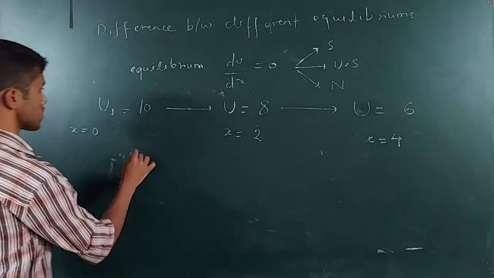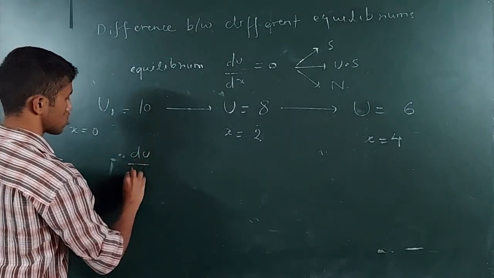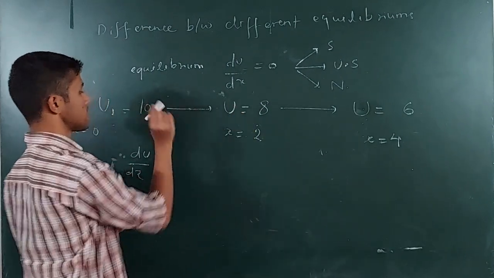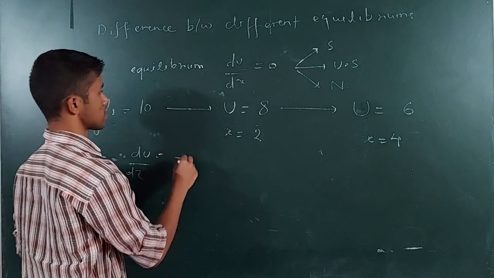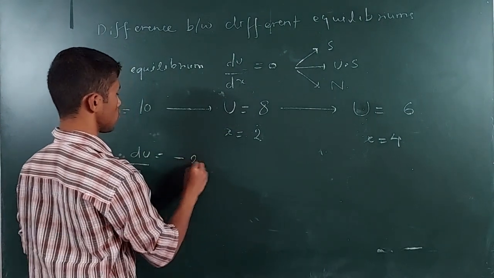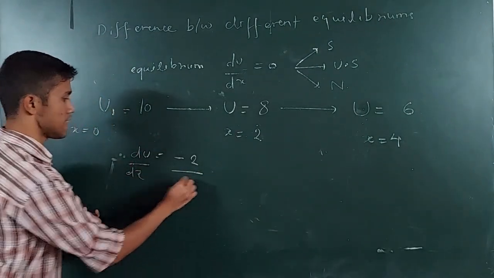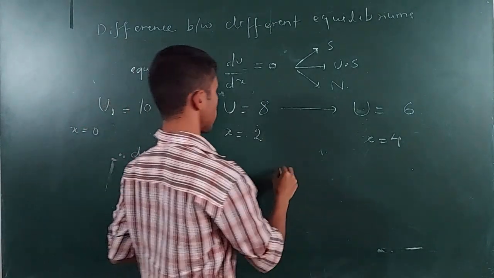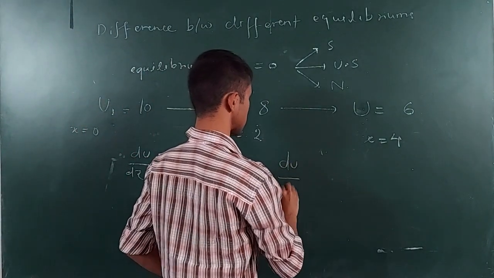Okay, so what is du by dx here? What is du? What is the change in u? It is 8 minus 10, it is minus 2, upon what is the change in x? It is 2. So it is minus 1. Okay, now here we'll see what is du by dx.